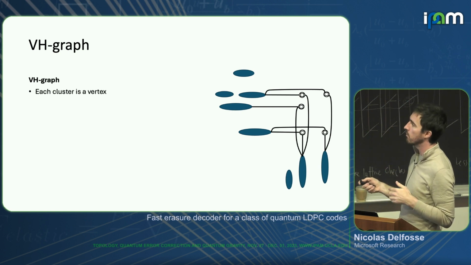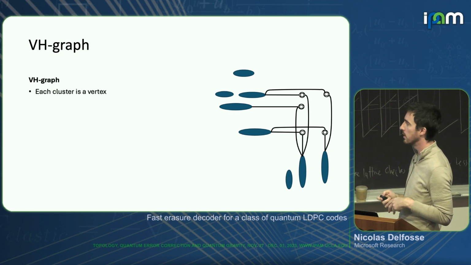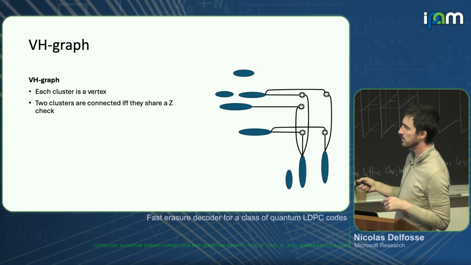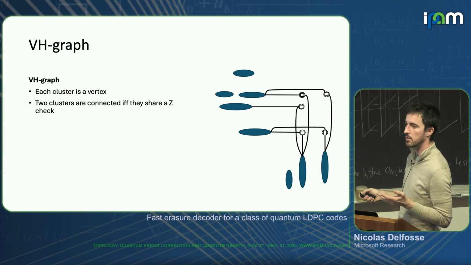So here you have one vertex here, another one here, and so on. And we're going to connect these vertices if they share a Z check. So for instance, here, this is a Z check. It's connecting this cluster and this cluster. So there is an edge connecting these two. Those edges, I'm not going to draw them because they are basically going through the check like that.